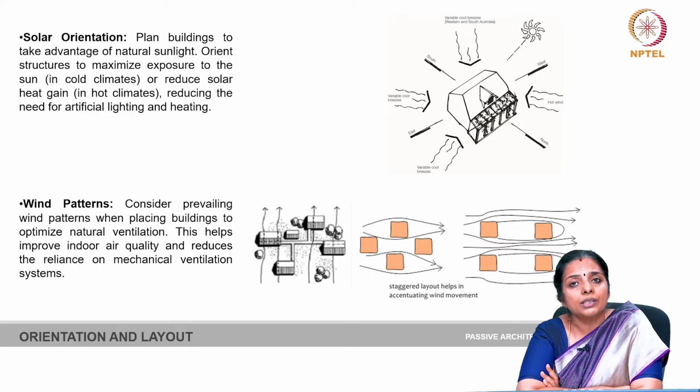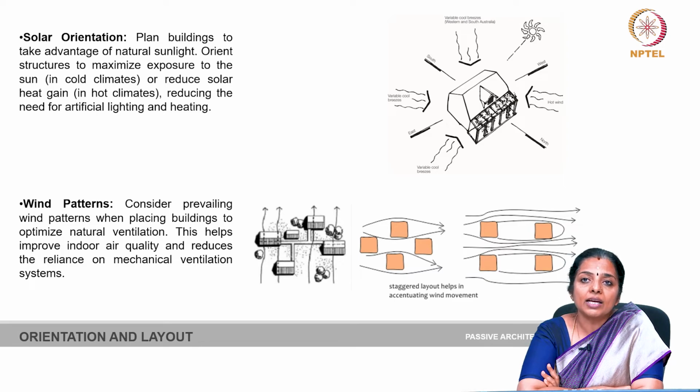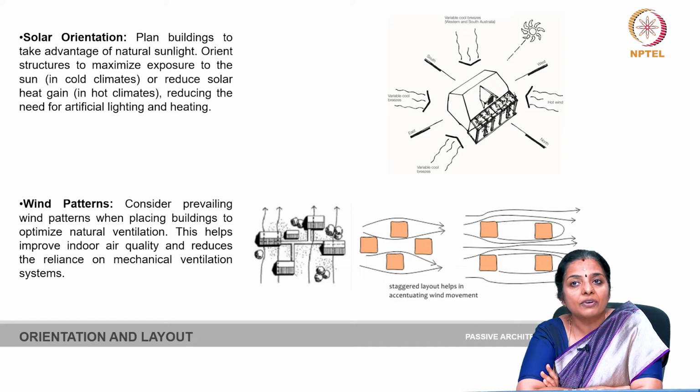The considerations we must have when we design for wind patterns are that the prevailing wind patterns for optimal natural ventilation must be tapped. We must improve indoor air quality with fresh air intake with natural cross ventilation.